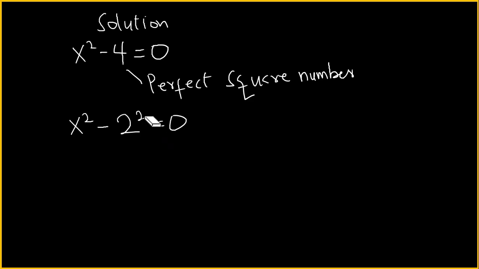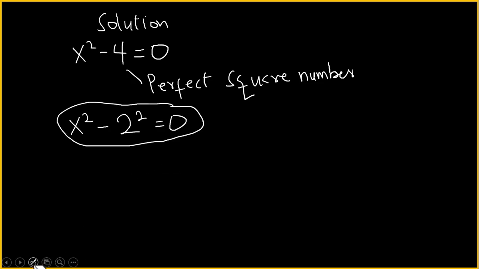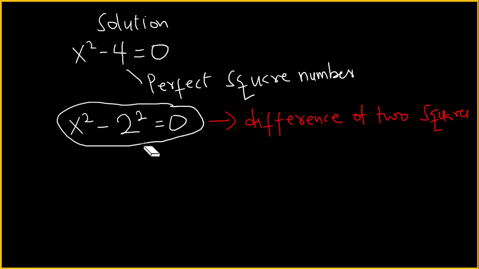So looking at this, our x is to the power 2, our 2 is also to the power 2, and this form of equation is called the difference of two squares. So there is a difference, which is the negative sign, and there are two squares, which are x squared and 2 squared.